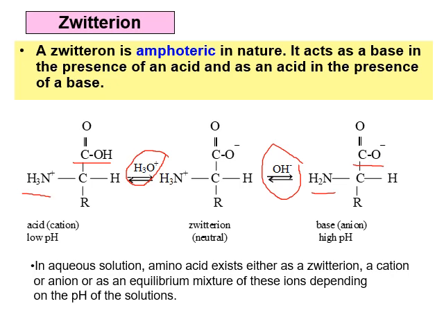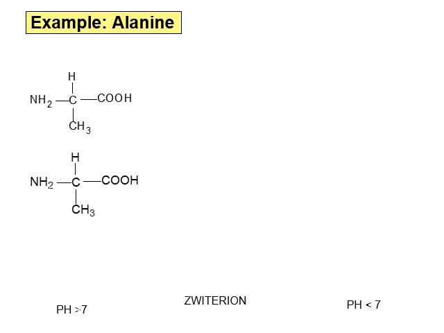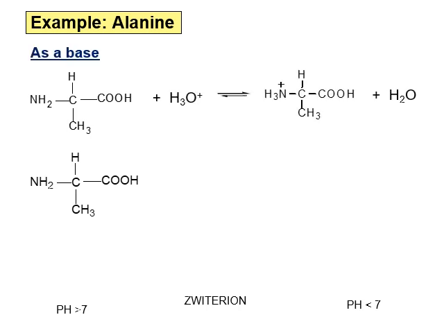In aqueous solution, amino acid exists either as a zwitterion, a cation, or an anion, or as an equilibrium mixture of these ions, depending on the pH of the solution. Here are some examples. We take alanine as an example. So when alanine is placed in acidic medium, it will behave as a base.